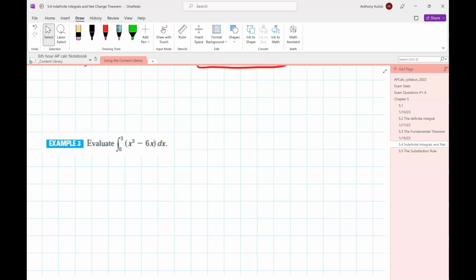Is that going to change how I do the antiderivative part, though? No. So the antiderivative of x cubed is x to the 4th over 4. And I have minus 6 times the antiderivative of x, which is x squared over 2. And then there's no C because it's definite. We're just going to evaluate from 0 to 3.